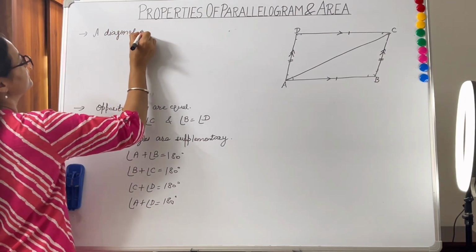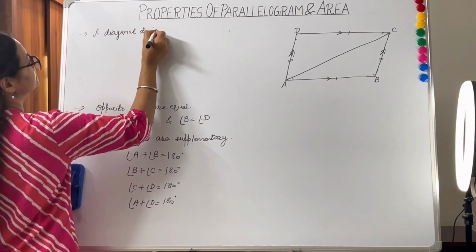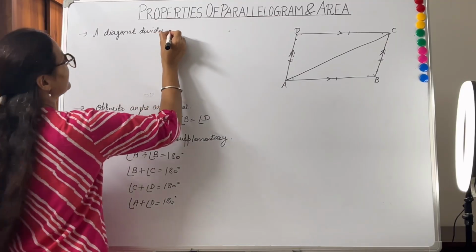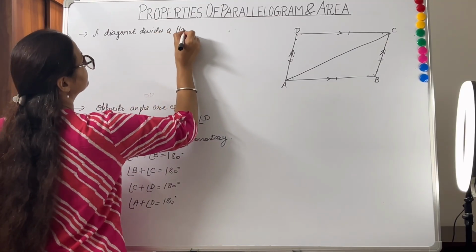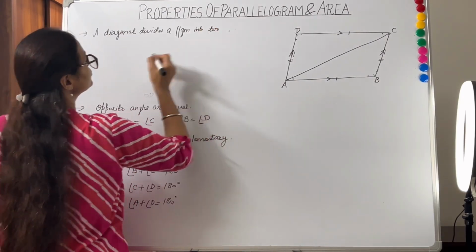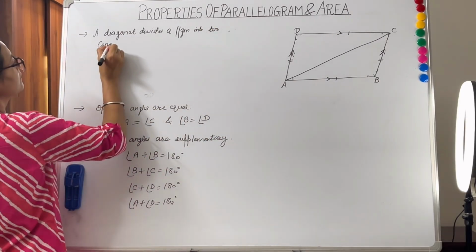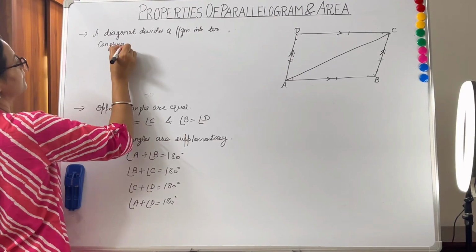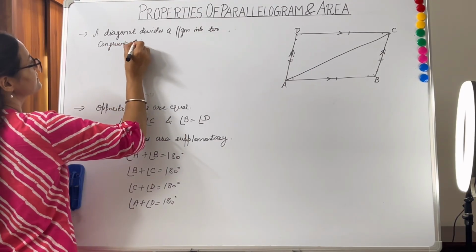A diagonal divides a parallelogram into two congruent triangles.